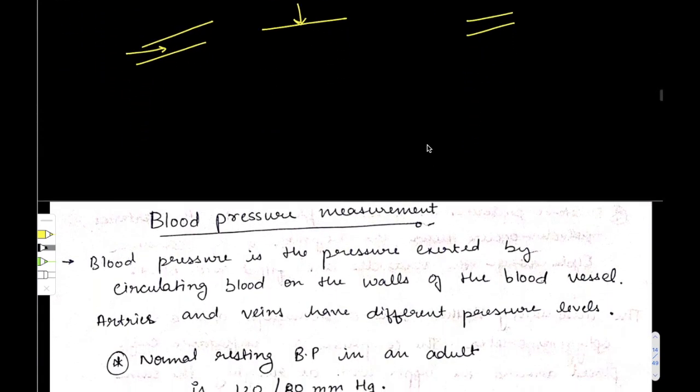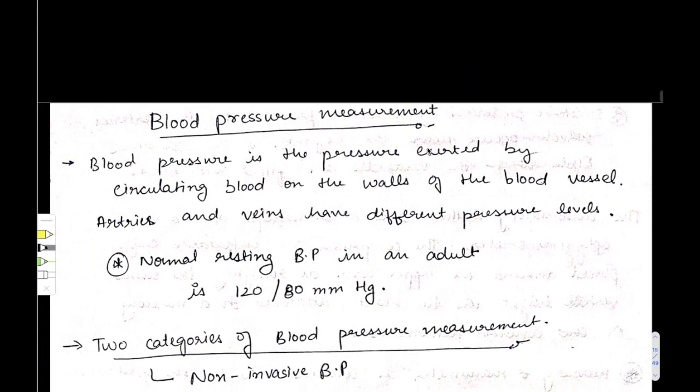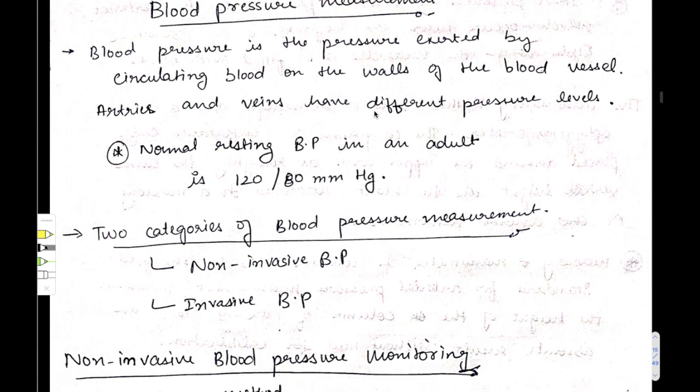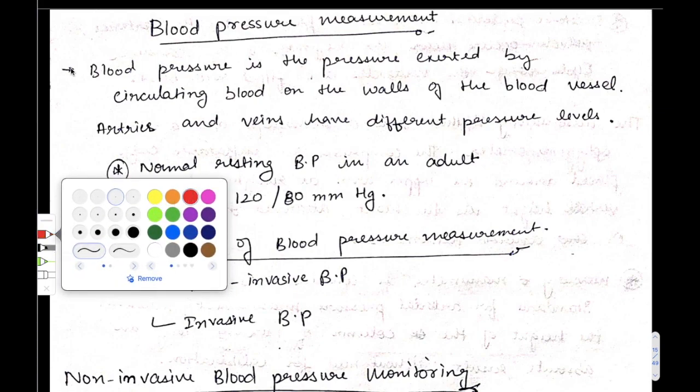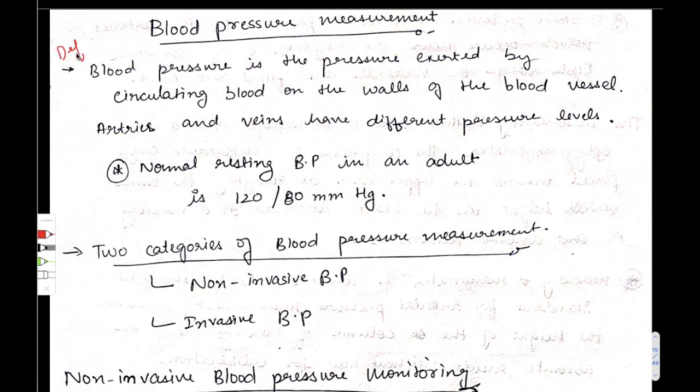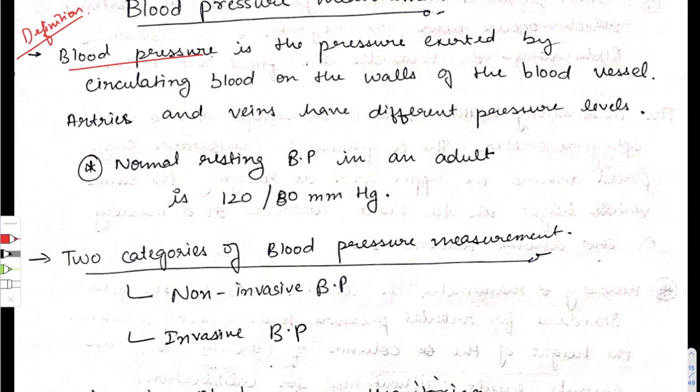So we will be studying blood pressure through our notes. Coming to the definition of blood pressure: it is the pressure exerted by circulating blood on the walls of the blood vessel.